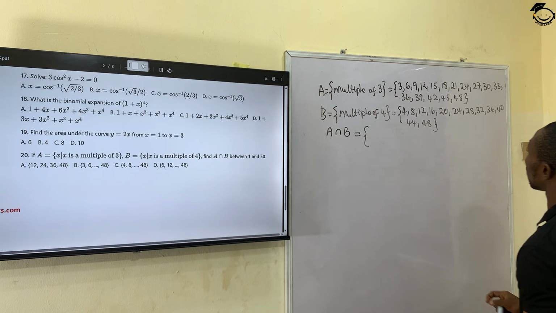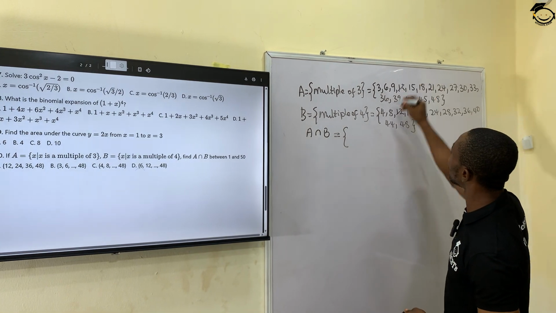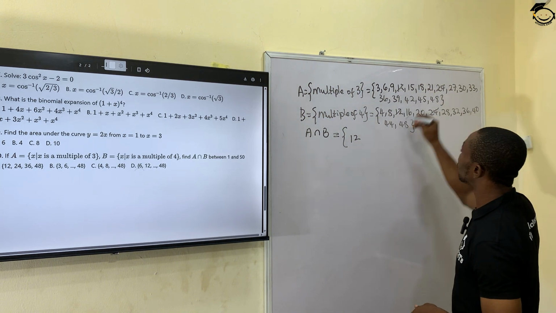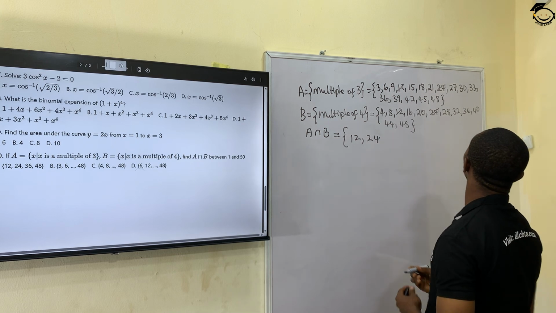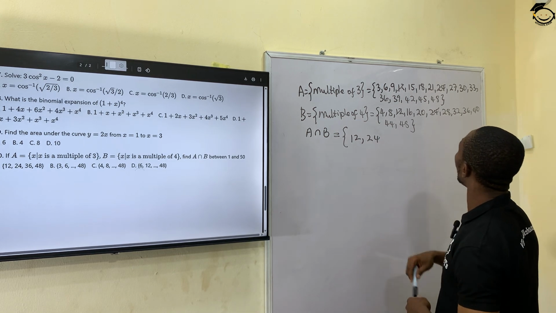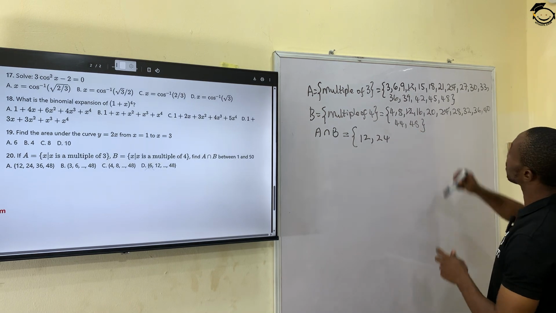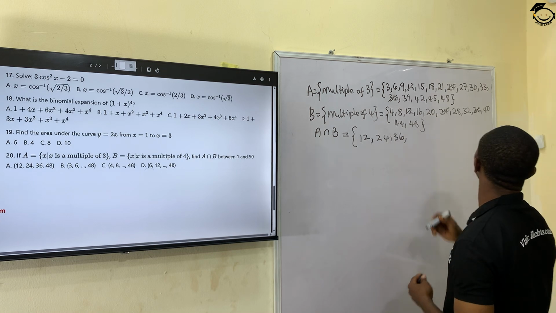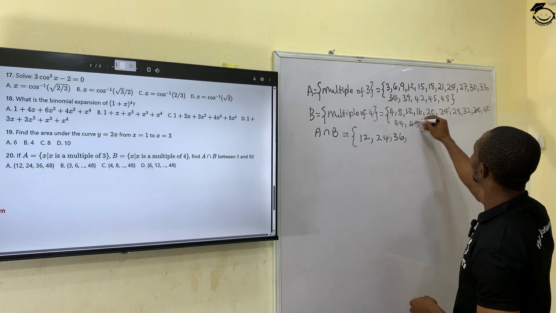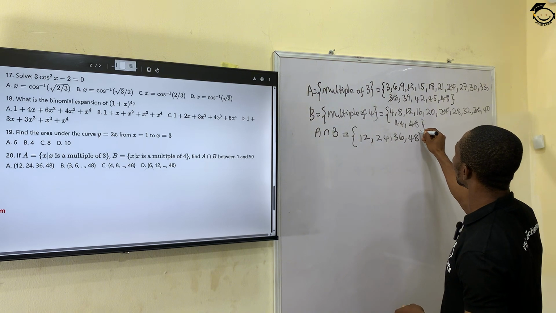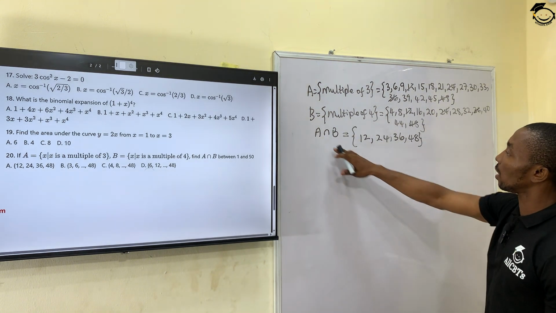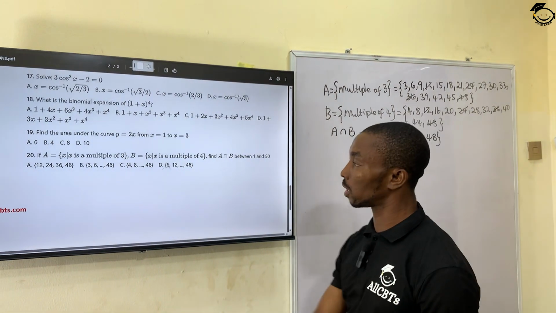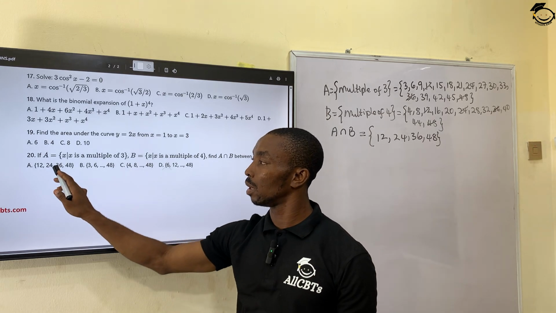Looking at what's common in them, we have 12 and 24, then 36, and 48. So this is A intersection B: 12, 24, 36, and 48, which is option A.